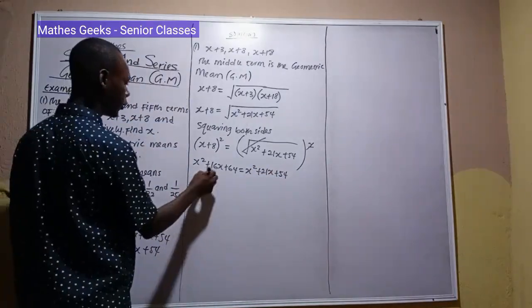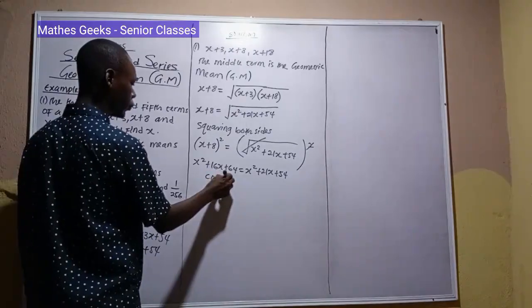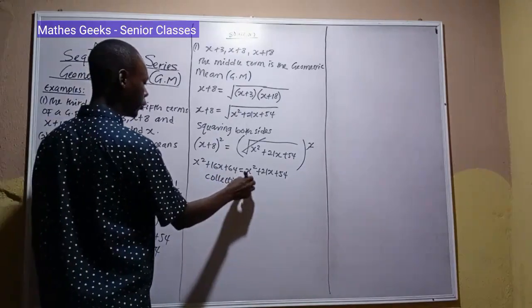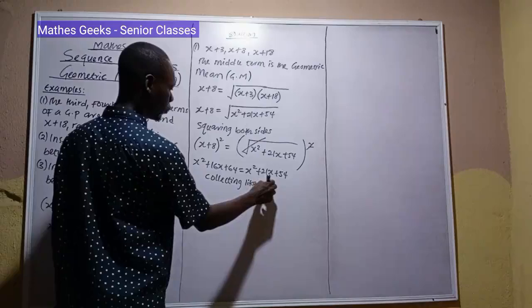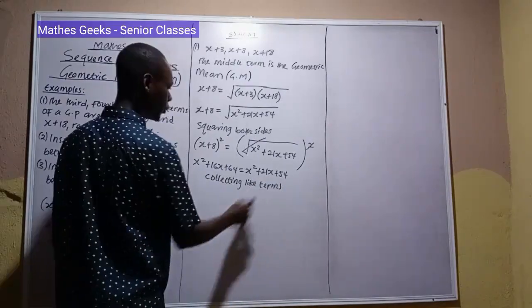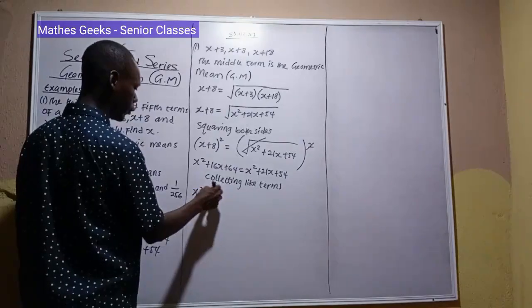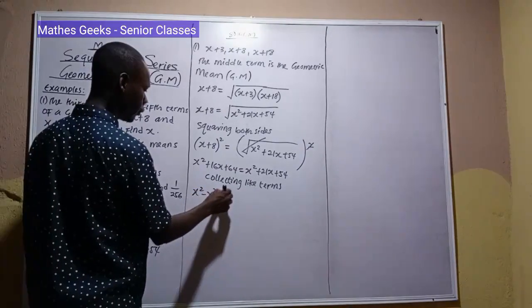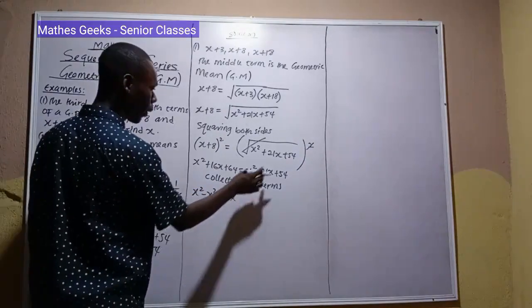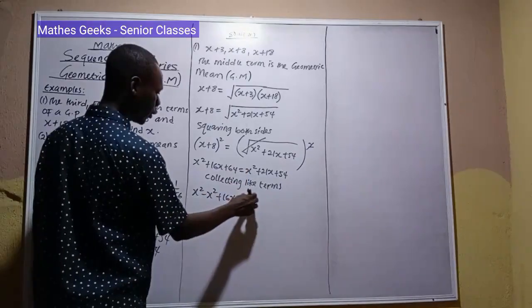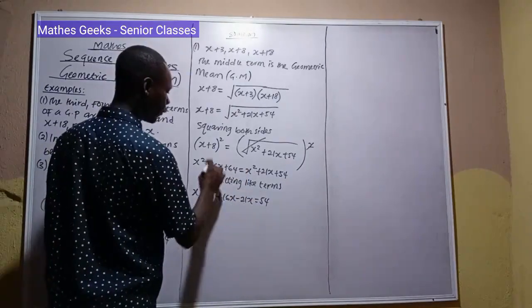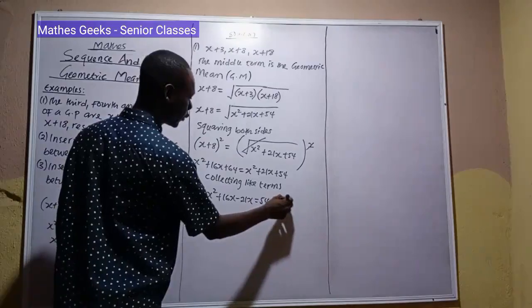Collecting like terms, x squared comes over, minus x squared, plus 16x minus 21x equal to 54 minus 64.